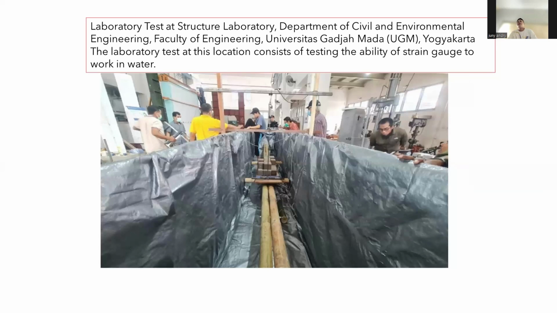The laboratory test consists of testing the ability of the strain gauge to work in water. If the bamboo takes in water, I think we must test this bamboo. Is this bamboo strong, or maybe this bamboo is weak?